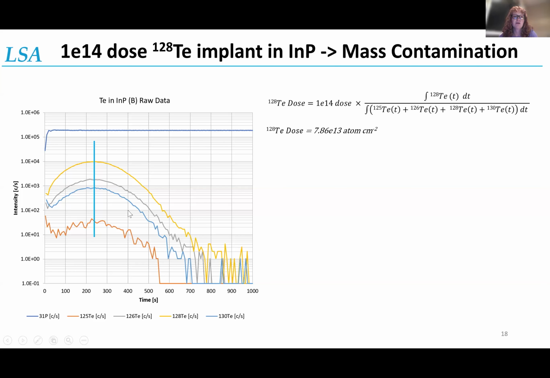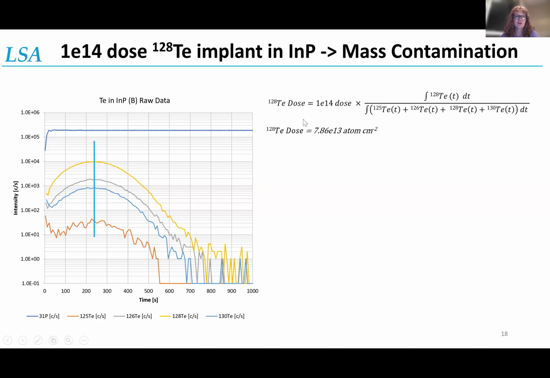So the area under all of these curves is equal to the 1E14 dose. We then get for 128 tellurium only a 7.86 E13 dose. This is quite a large difference in dosage, and we weren't particularly happy with this.